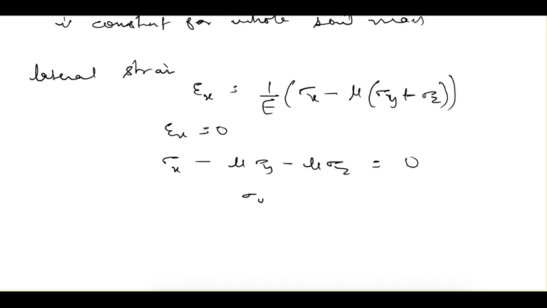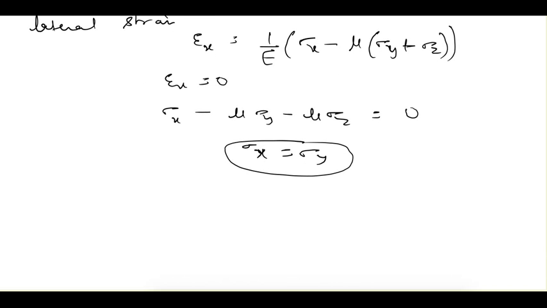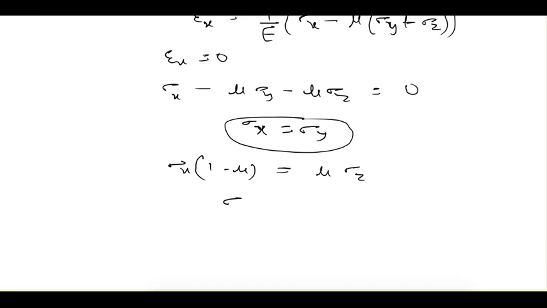But we know that sigma x is equal to sigma y, since it is at the same level. So sigma x into (1 minus mu) is equal to mu into sigma z, and from here, sigma x is equal to mu upon 1 minus mu times sigma z.